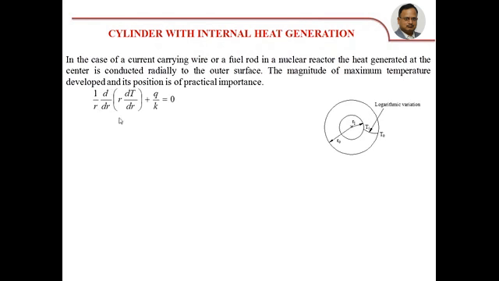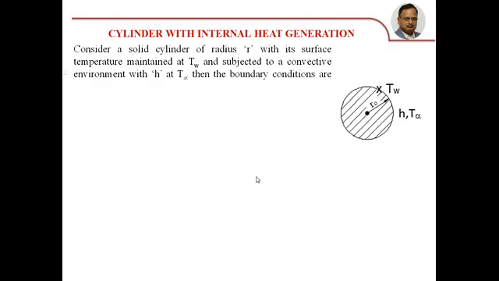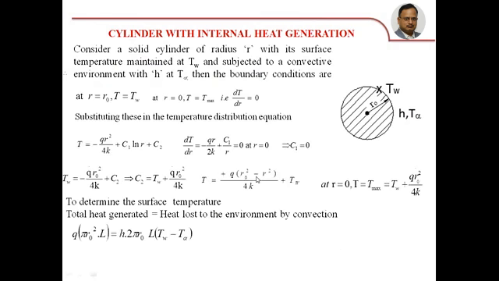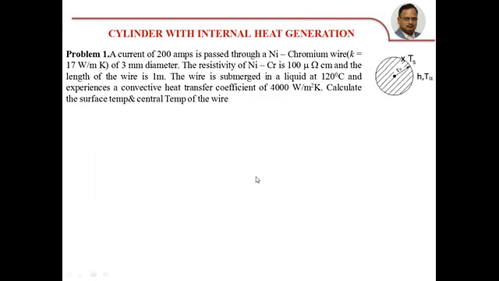This is the governing equation for conduction heat transfer through a cylinder with internal heat generation. Solution of this and substitution of the boundary conditions will lead you to the temperature and unknown parameters in the system. So how to apply that equation we will see with the help of few problems.